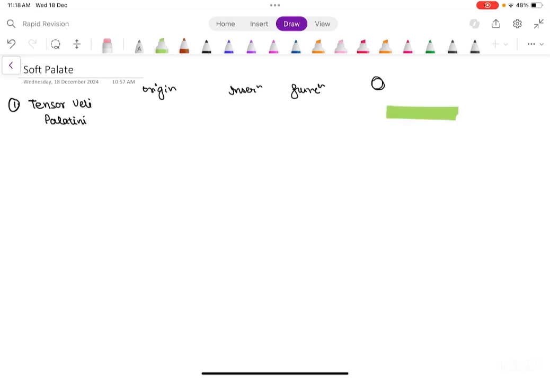So this is our auditory tube, and we have a muscle which is going from the lateral aspect into this, and it is flattening out. This muscle flattens out to form this green portion, which is our palatine aponeurosis. So this is our tensor veli palatini, and here we have the pterygoid hamulus.